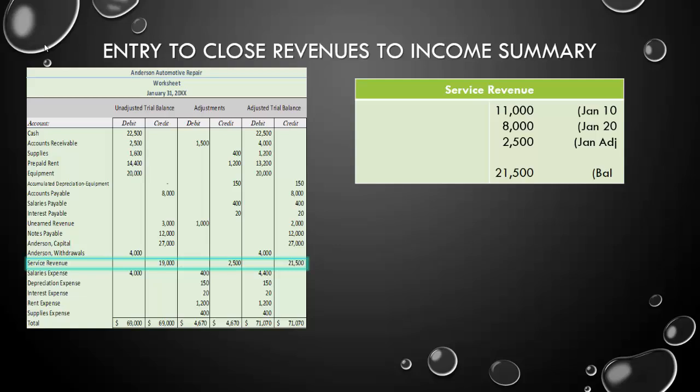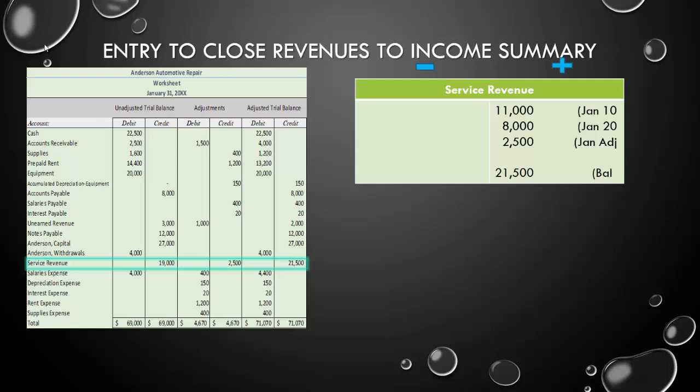Well, that's going to bring the balance of service revenue up to that $21,500 that we have displayed on our adjusted trial balance. Revenue accounts are all temporary, which means we don't want to have a balance at the end of the period. We want that balance to be 0. So, what are we going to do? Well, we know this much to be true, that revenue accounts always increase with a credit and decrease with a debit.